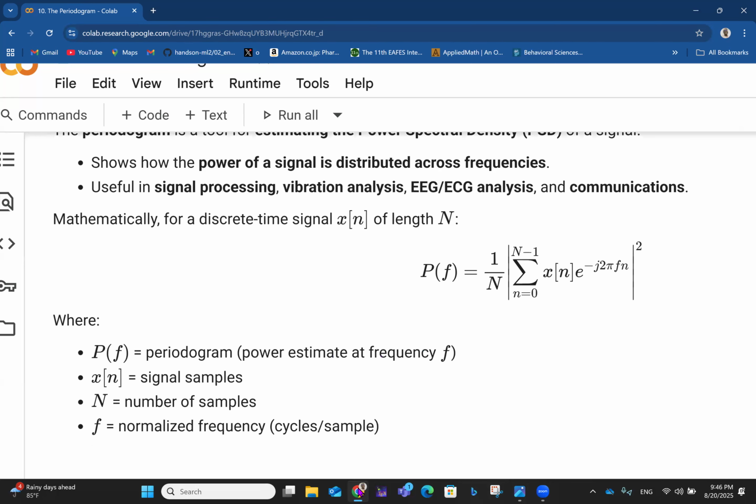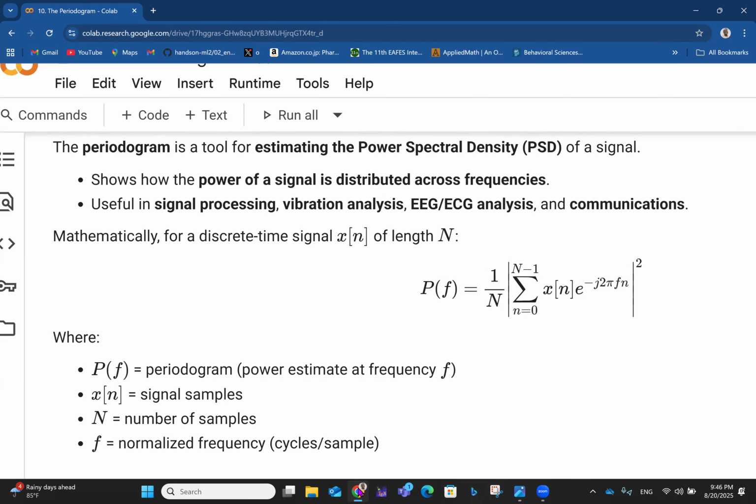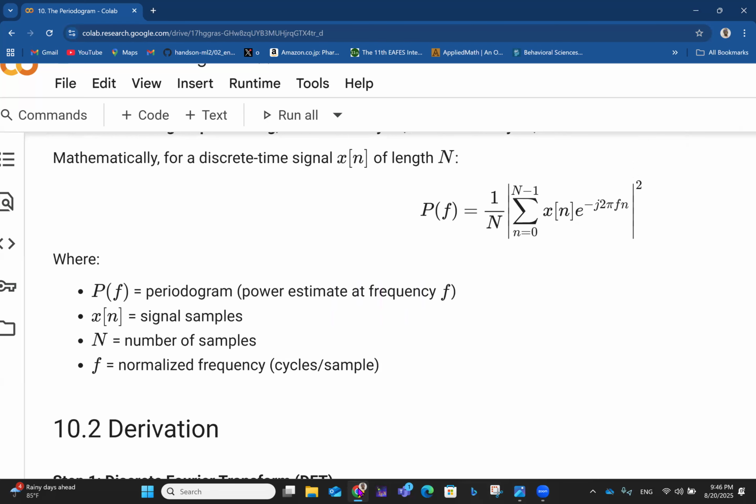Mathematically, for a discrete signal x[n] of length N, we have P(f) equals 1 over N times the absolute value of the summation from n equals 0 to N minus 1 of x[n] multiplied by e raised to the power minus j2πfn, all raised to power 2.